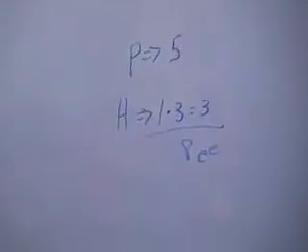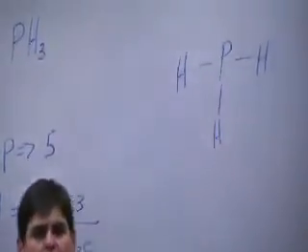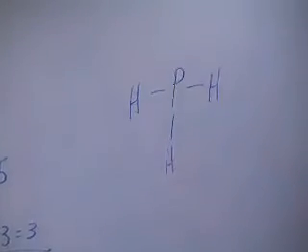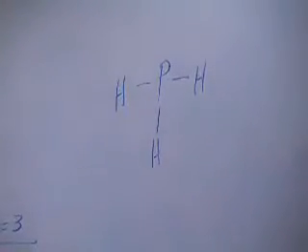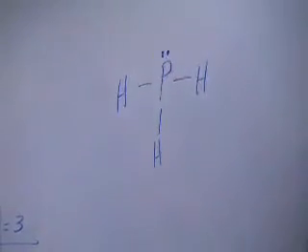Now the way that we've drawn the skeleton, we've taken care of 2, 4, 6 electrons. So where do the next 2 go? On the phosphorus as a lone pair of electrons.